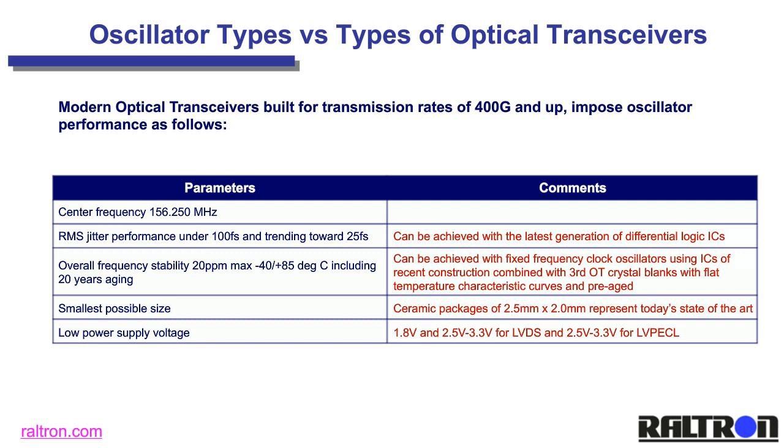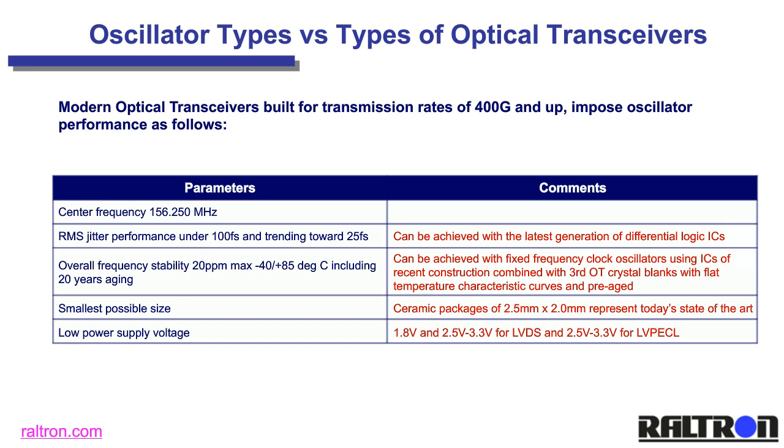So we have in our portfolio clock oscillators, LVDS, as I mentioned before, at 156.250 with jitter under 100 femtoseconds, roughly 80 femtoseconds today, temperature stability 20 ppm, all conditions included, 20 years aging, temperature -40 to +85, and this size 2520.